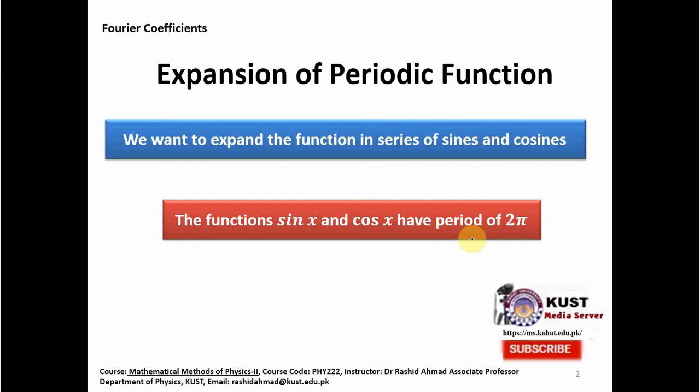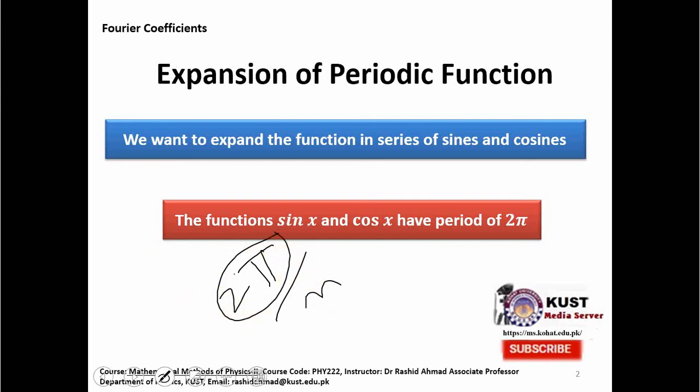Now since these sines and cosines can have shorter periods as well, namely 2 pi over n, it's true that we can also have these periods, but the important thing is that we are interested here only in the intervals of 2 pi.